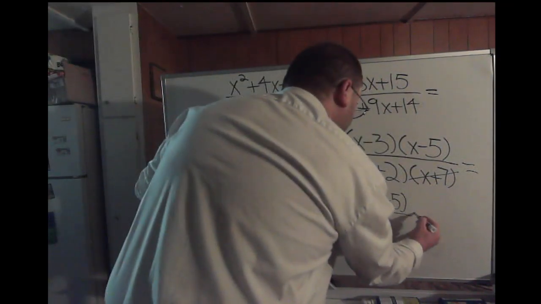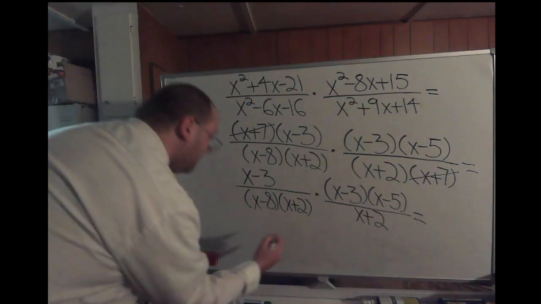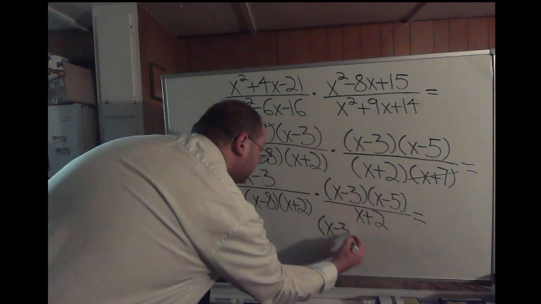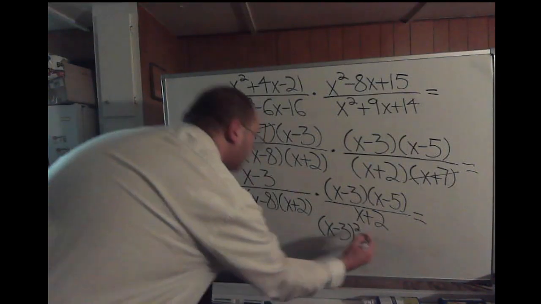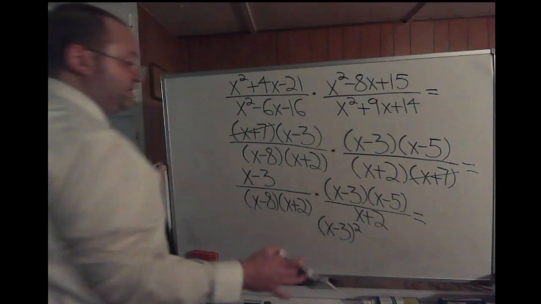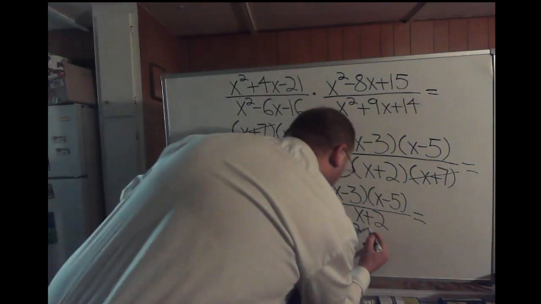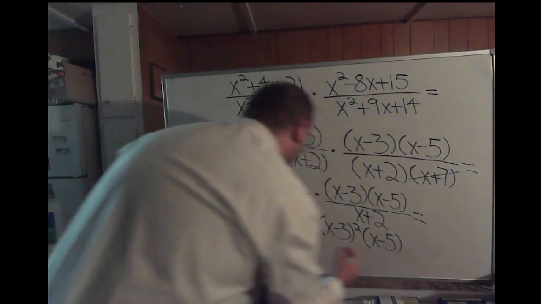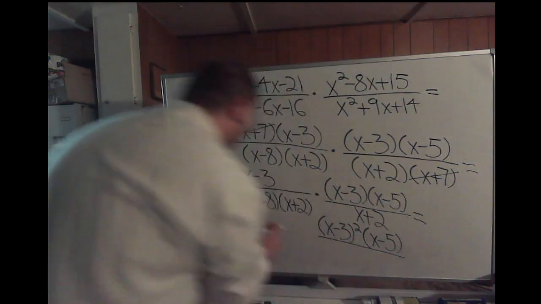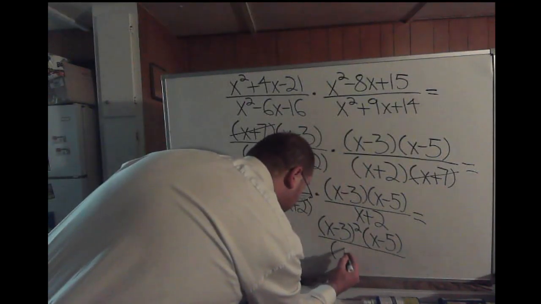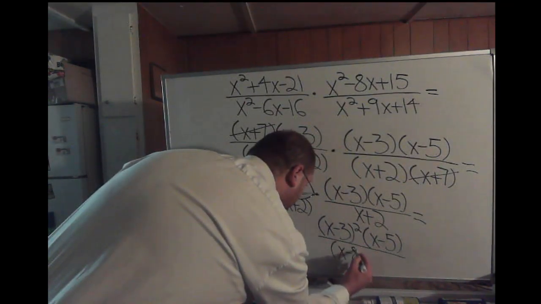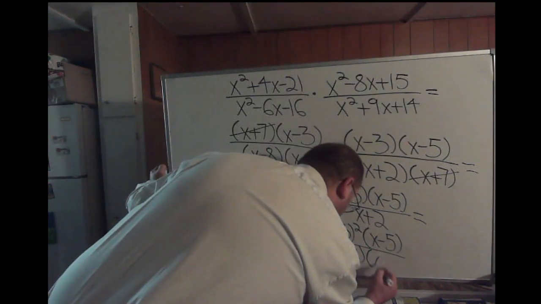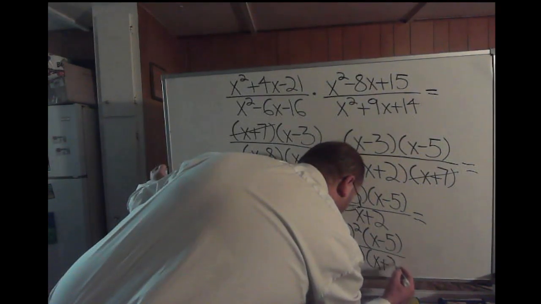So the simplification of this, when you multiply, you would end up getting x minus 3 to the second power, because you have x minus 3 occurring twice, that's to the second power, times x minus 5 all over that x minus 8 times the x plus 2, that would actually be to the second power also, the x plus 2.